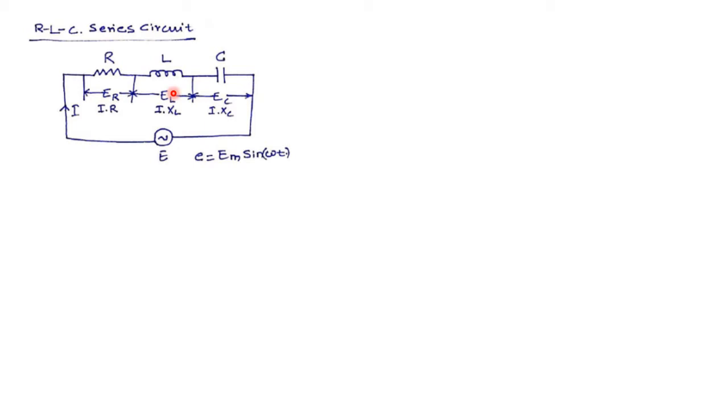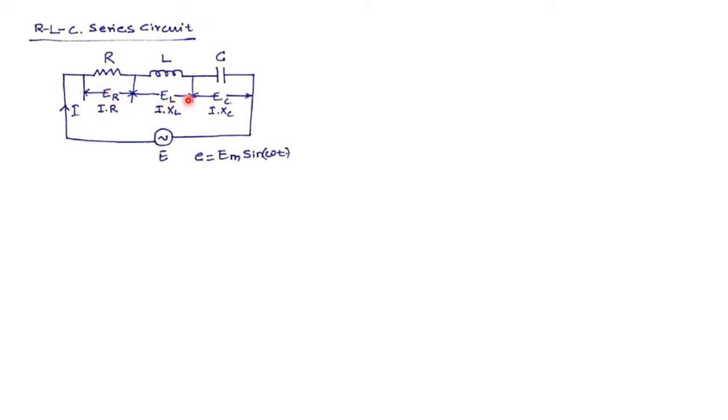If resistance is very large and inductance and capacitance are very low, then the circuit may behave resistive. If inductance is very large and resistance and capacitance are very low, the circuit may behave inductive. Similarly, if capacitance is very large with very low values of R and L, the circuit may behave capacitive.